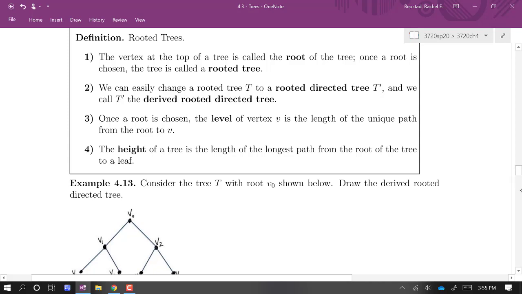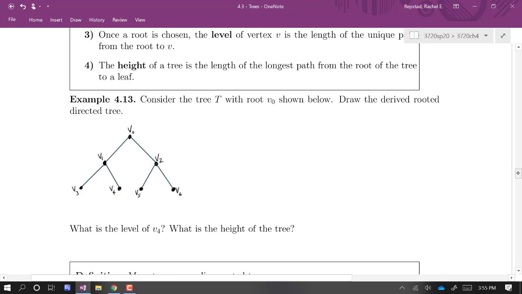So a directed rooted tree, we just add direction. We make all the edges directed edges, and they're directed downward from the root. In this example, we just have a rooted tree with the root at V0. The derived rooted directed tree rather is the one where we just add all these directions to the edges as we've already done.